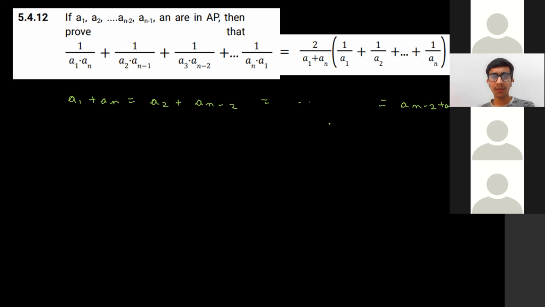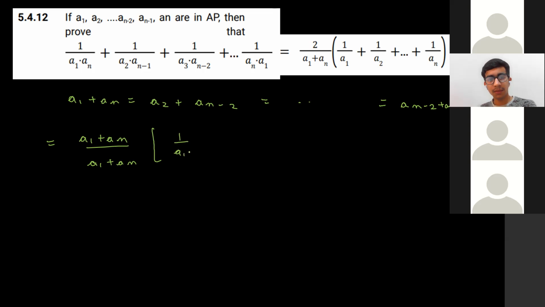So I'm going to start from the LHS and then prove the RHS part. Okay, so I have 1 over a1 times an and so on till 1 over an times a1. So I'm going to multiply a1 plus an to the numerator and the denominator, that is, on the left hand side I'm multiplying by a1 plus an and dividing by a1 plus an.